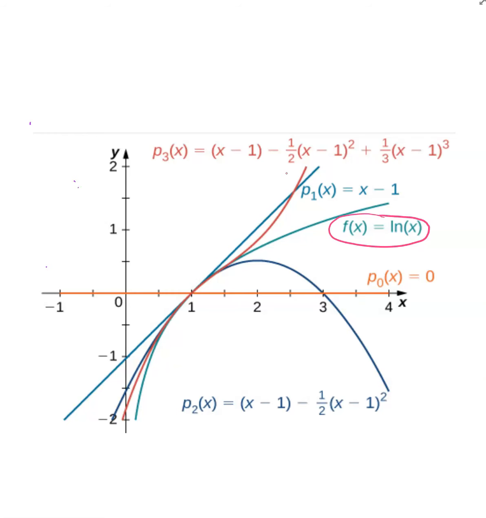And so p1 is x minus 1, which is a line. You can see this blue line here. It's a slanted line because the slope is 1. If you look at p2, p2 has the square, so you get a quadratic. And the coefficient is a negative half, therefore the quadratic opens downwards. So that's working nicely. For p3, the degree is 3, so it's going to be chair-shaped.